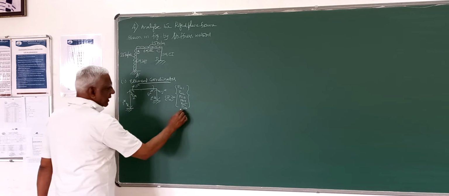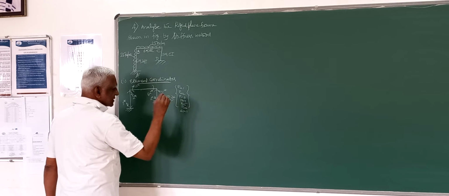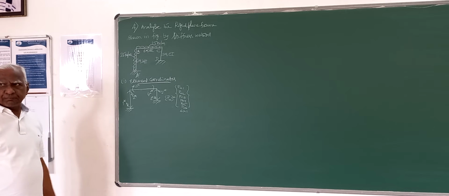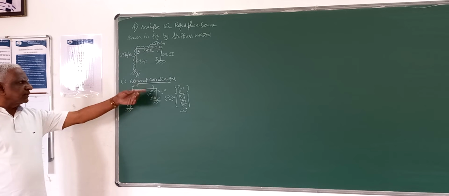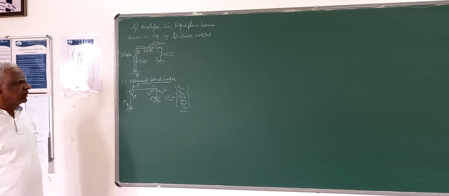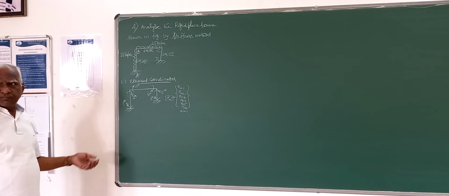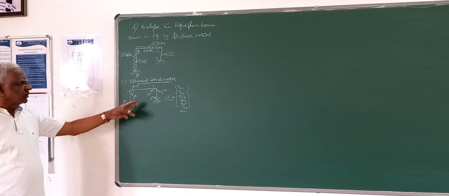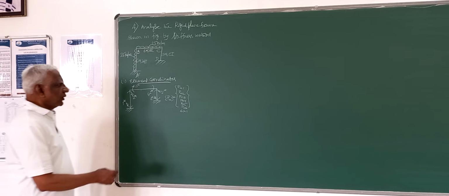So it is a 6 by 1 matrix. That is the first step: you have to identify what are the internal member forces to be determined. We are selecting the end moments as the end forces, which I have indicated by coordinates.